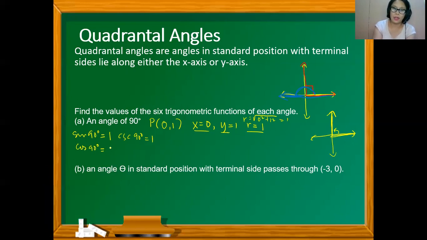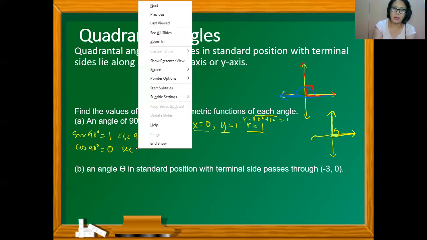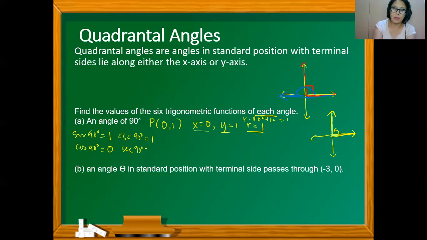So this is 0. And its reciprocal function, secant 90, is r over x. This time, x is 0 and x is the denominator. So we will be led to an undefined value for secant 90.